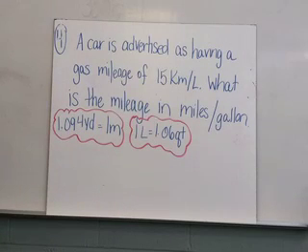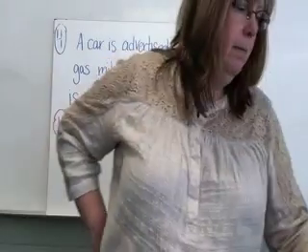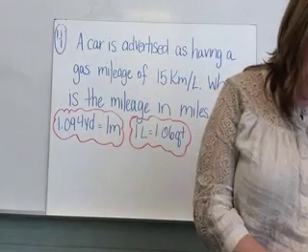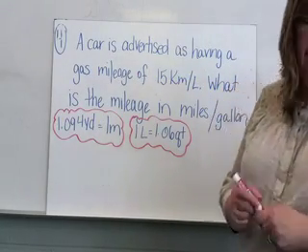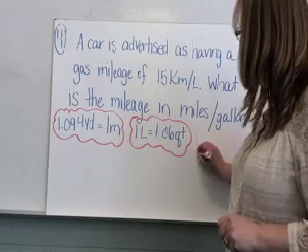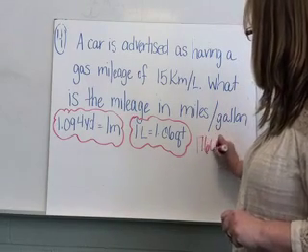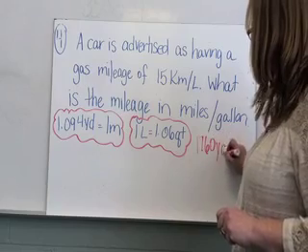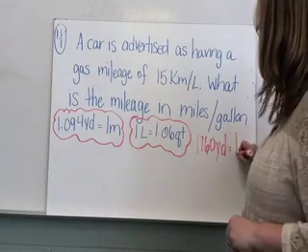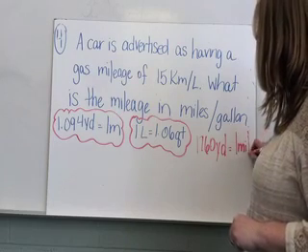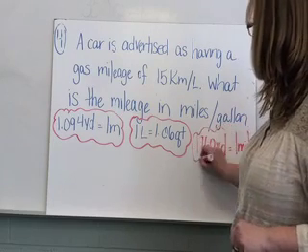All right, let's see. I think we're going to need one more conversion factor. Yeah, there is 1,760 yards in 1 mile. Okay. Again, all of these conversion factors would be given to you.